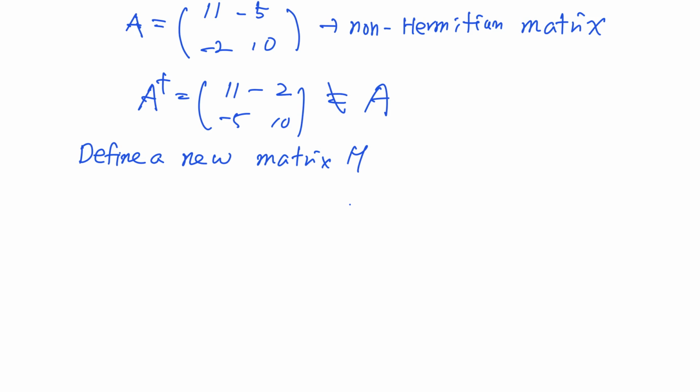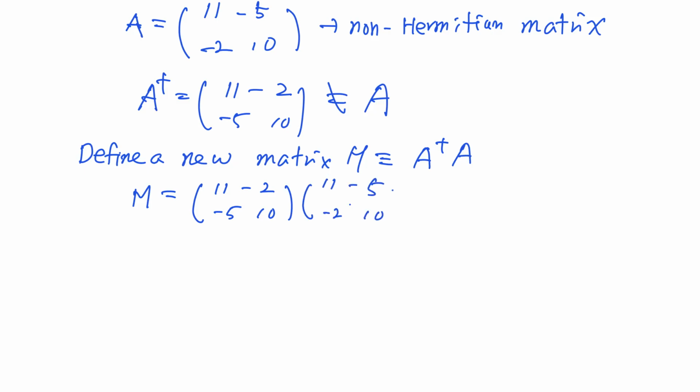M, which is defined as A dagger multiplied by A. Then this is a Hermitian matrix. Let me check. So M is given by 11, -2, -5, 10 times 11, -5, -2, 10.